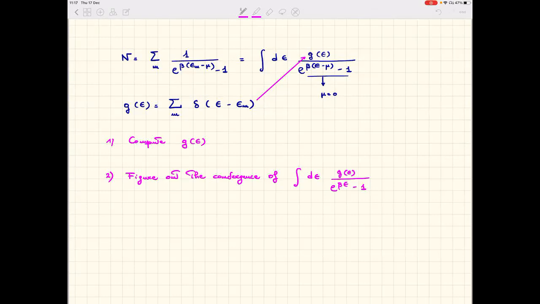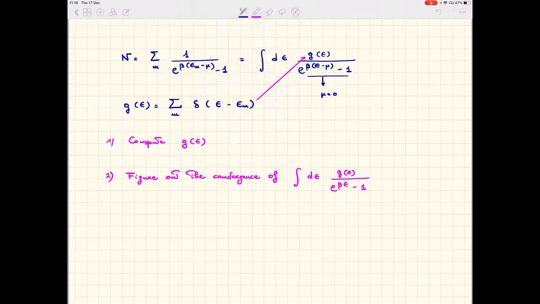Okay? So this is what you have to do in practice in order to figure out whether there is or there isn't Bose-Einstein condensation for a certain system. Why? Because if this integral is divergent, then the critical temperature is going to be equal to 0 necessarily. Well, if this integral is convergent, then you will have a finite critical temperature. You just have to solve the corresponding algebraic equation. And there's no problem about it.